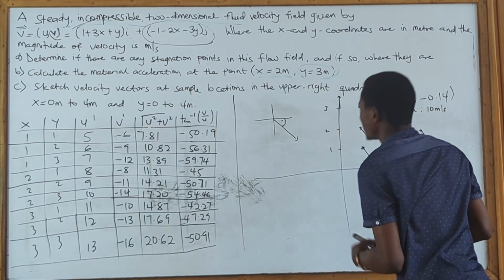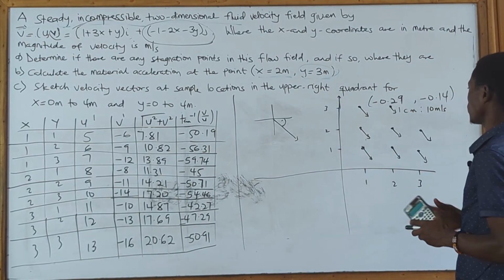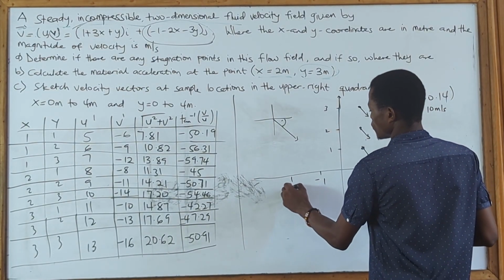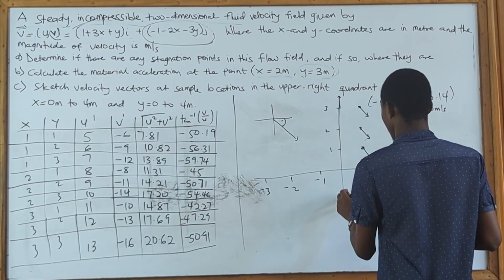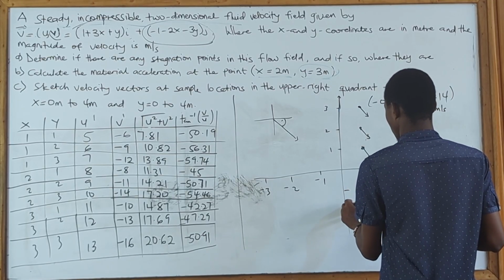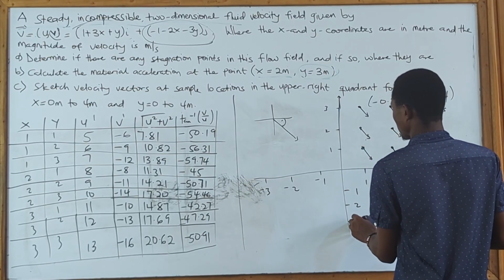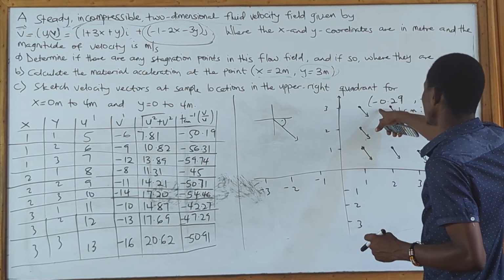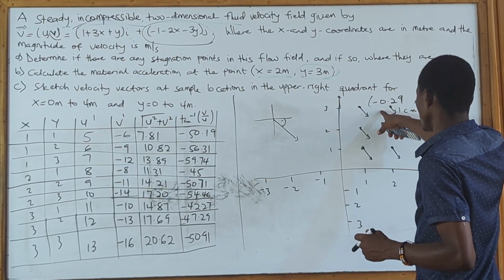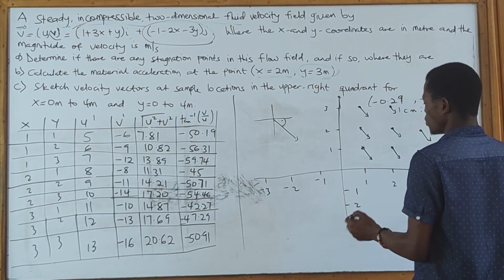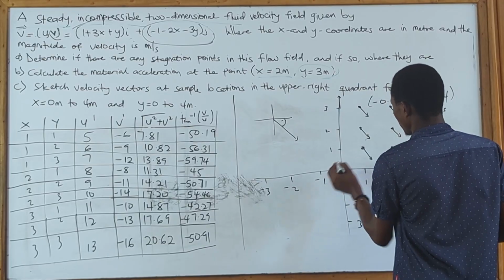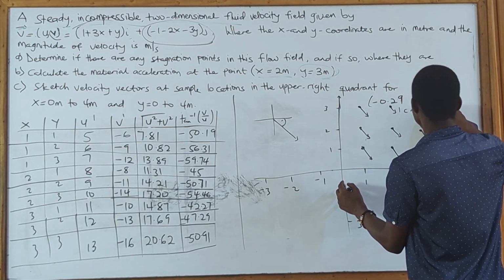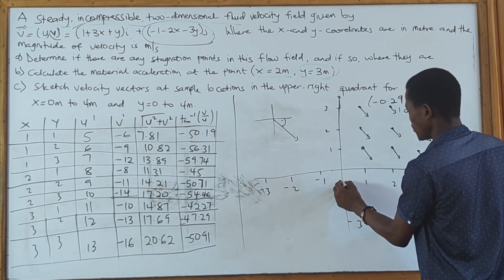So as I said earlier, you have to draw your stagnation point. So if here is -1, -2, -3, and here is -1, -2, -3, we are going to draw a stagnation point, and they said the x is -0.29 or -0.3, which will be somewhere here, and our y is -0.14, sorry, which will be somewhere here.